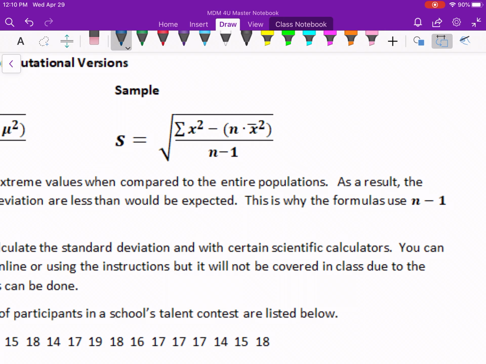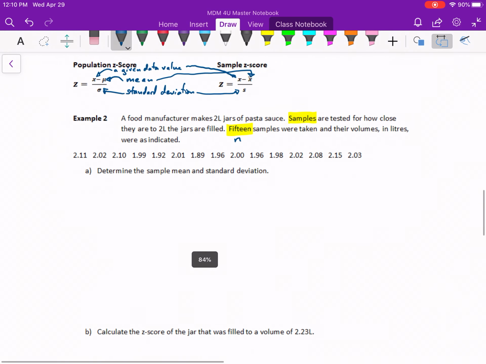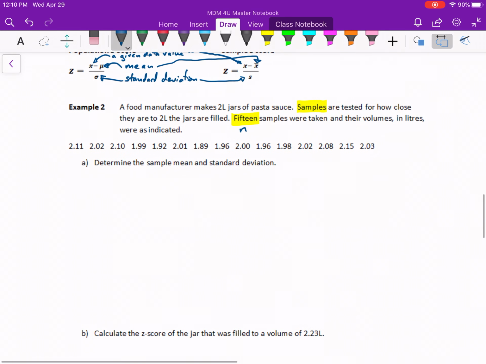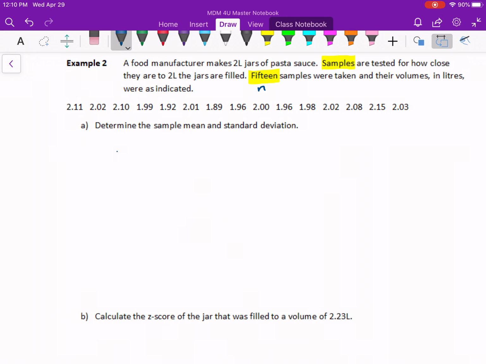I could subtract 15 times the average all squared, and I could divide it by 15 minus 1, or 14, and then take the square root of it, and get my standard deviation. Or I could just type those 15 numbers in my calculator the way I showed, use those buttons with a few clicks, and that's actually what I did. Since I've already showed you how to do that, I'm just going to jump straight to what I got.